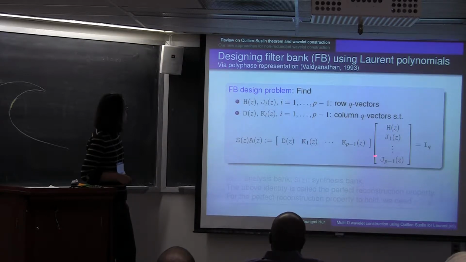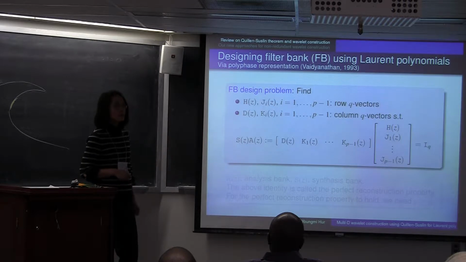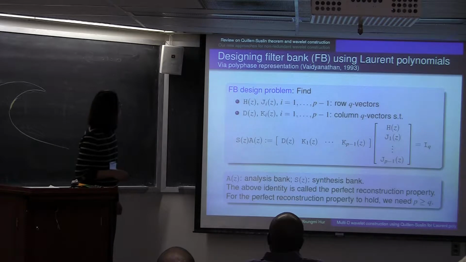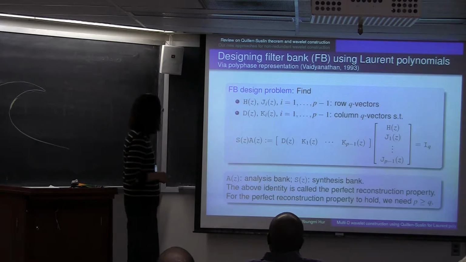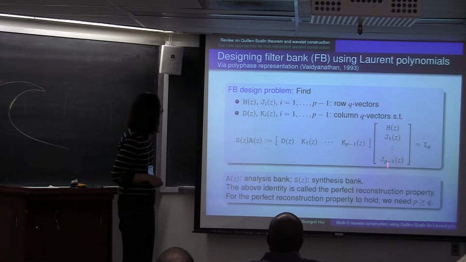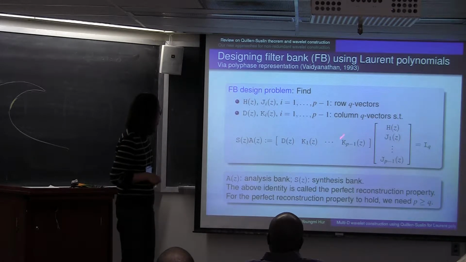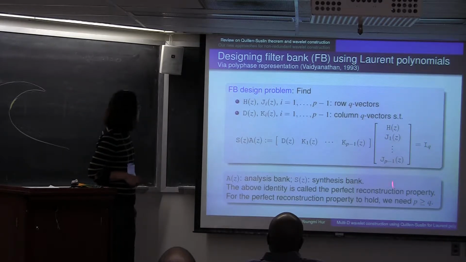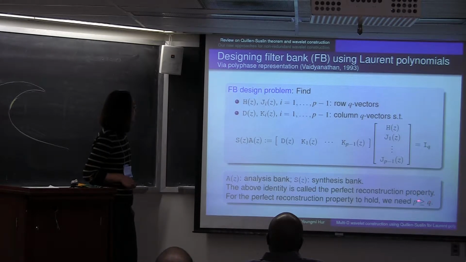After analysis and synthesis, you want everything to be the same as the original. That's the perfect reconstruction property. Right away, this condition gives a constraint on the relation between two numbers: P is the number of vectors in each bank, and Q is the length of the vector. For this to happen, P has to be at least as large as Q.